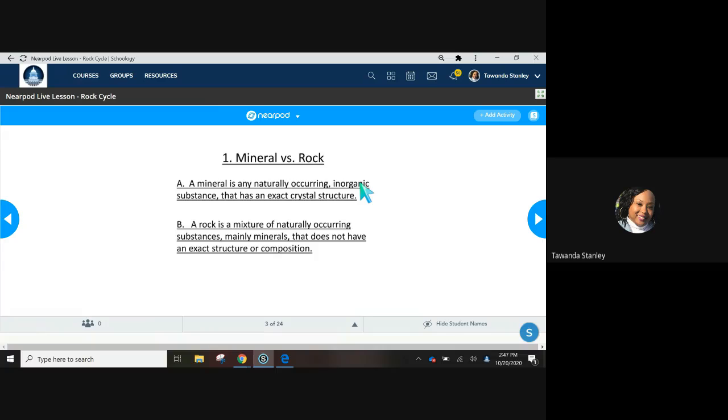Another difference is that minerals are classified by their physical properties, and rocks are classified or identified by the types of rocks. As we go through the days, we're going to talk about the different types of rocks, and once I do the lab with you, you're going to see how minerals are classified. So they're classified totally differently.